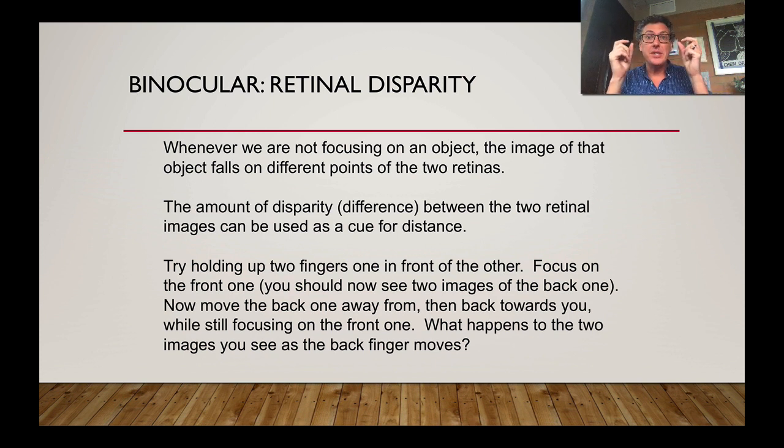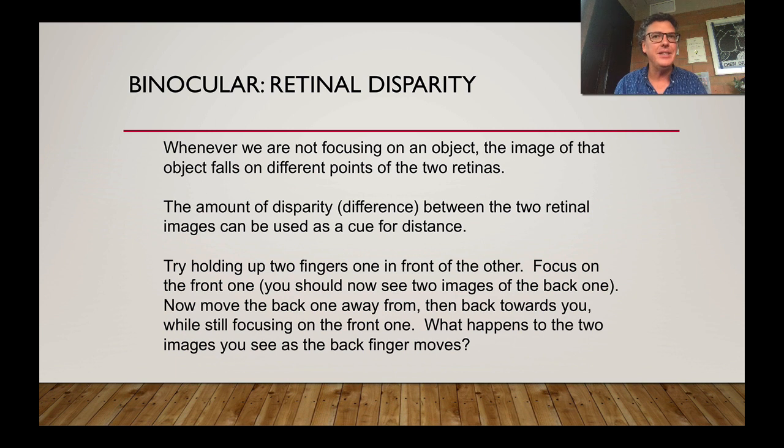And that allows us to see it very clearly in a lot of detail. But that only happens for the thing we're looking right at. For everything else in the world, there is what's called retinal disparity. Where the image of that thing falls on one eye is different from where it falls on the other eye. And although we don't normally even notice this, what that actually produces is two images, or a double image, of everything we're not focusing on.